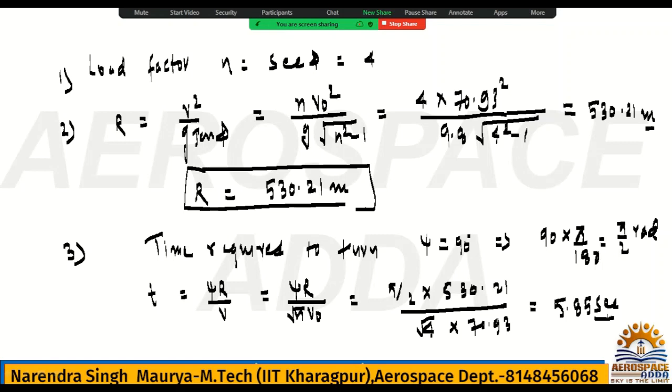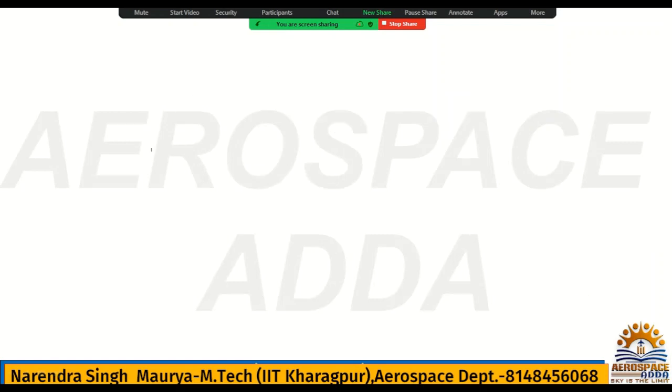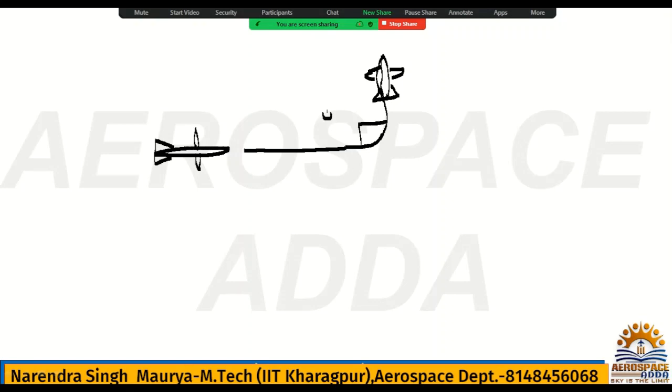Say this is the aircraft, and it turns exactly 90 degrees. So you can say this angle is psi, 90 degrees. Hope you understood.